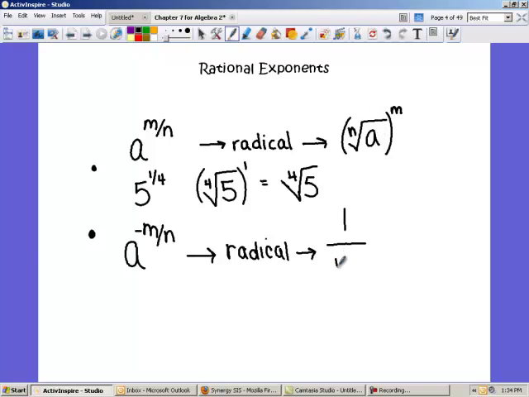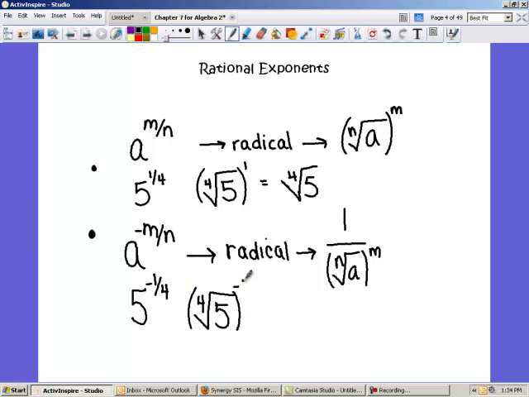It's just going to be flipped. Okay, so we flip it. And using the example up here, if we have 5 to the negative 1/4, again, 5 goes in the radical, the 4 is the root. Technically, we would write it that way first, and then we would flip it.